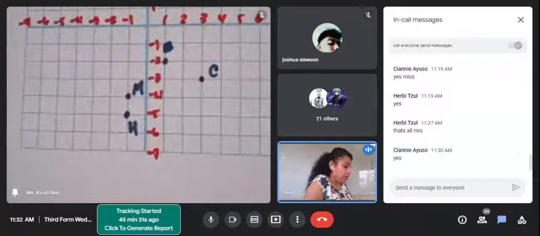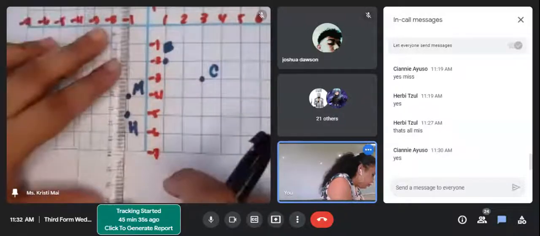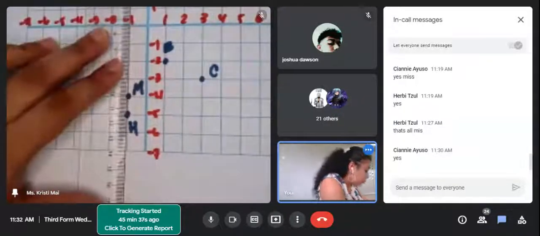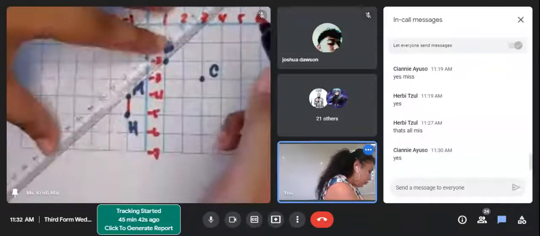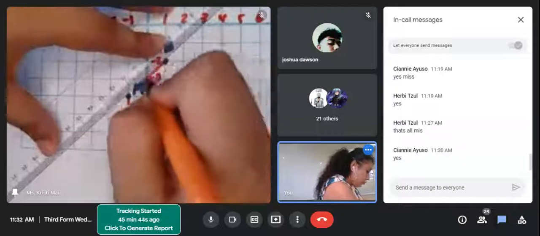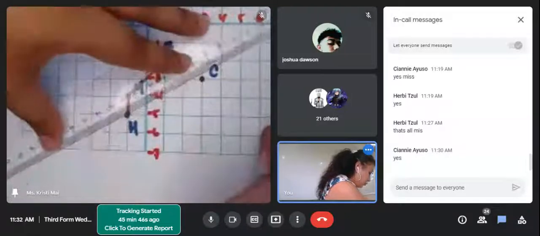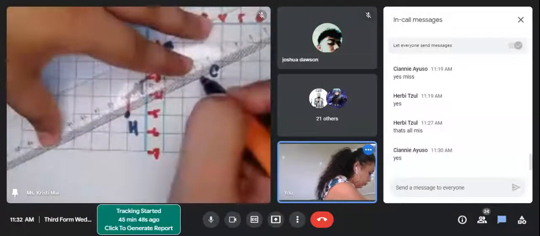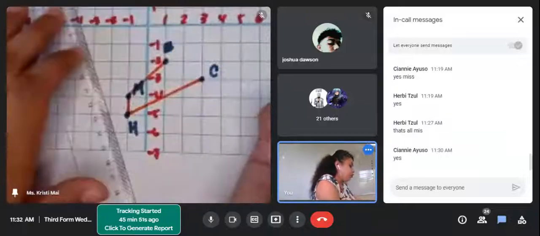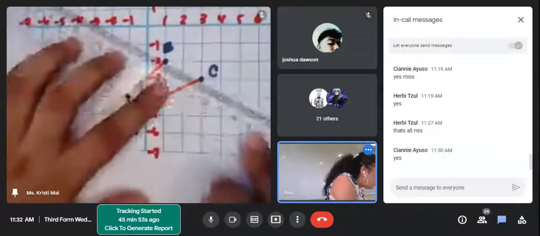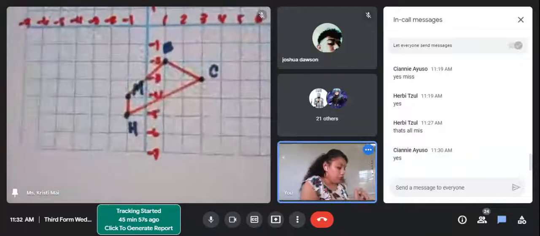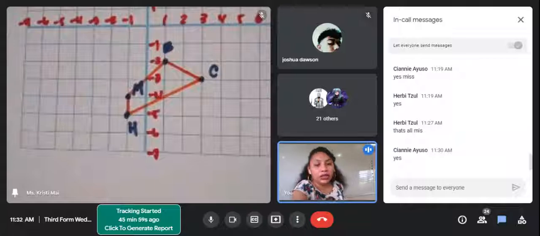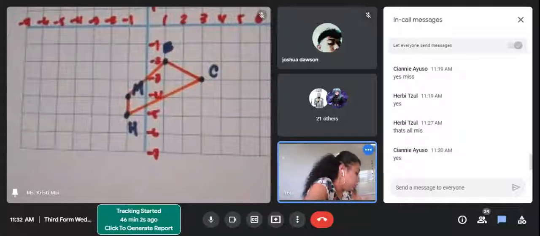Then we go ahead and connect those points. And that is the original image.